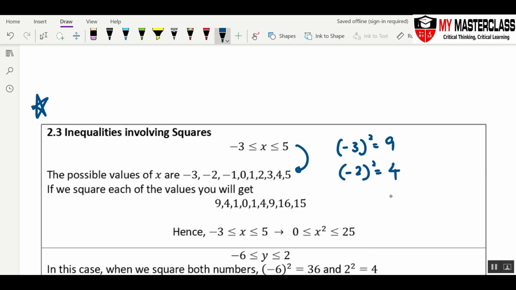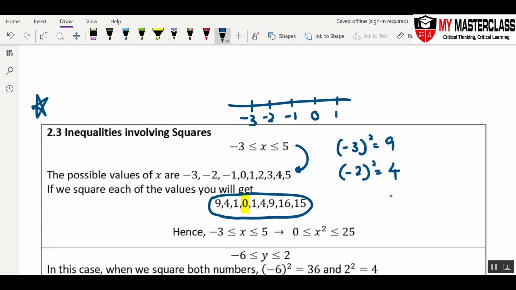Then if I want all these values, what is the smallest value of all of them? It's actually 0. If you put in any negative number and square it, it becomes positive. So for any values that pass through 0, like -3, -2, -1, 0, 1, 2, all the way to 5, the smallest value of x squared is equal to 0.